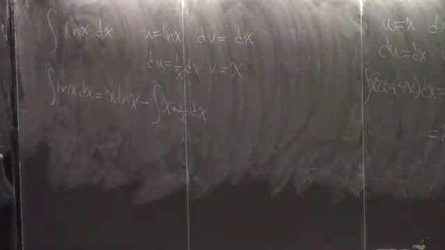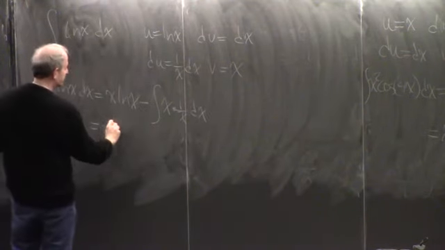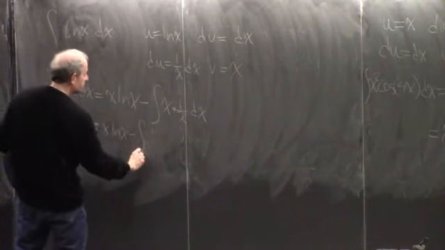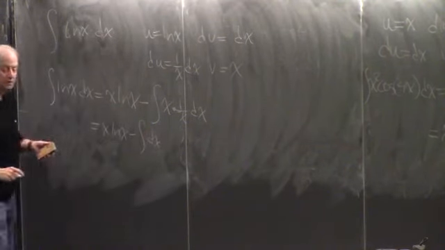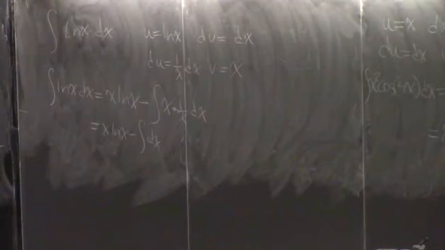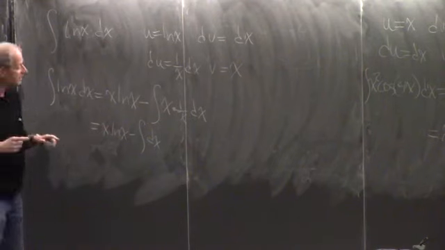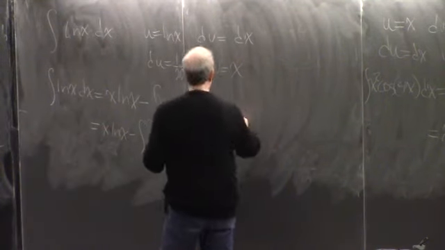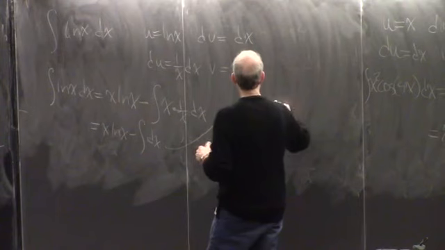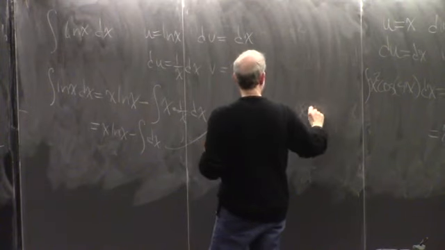And x and 1 over x cancel. So this equals x times natural log of x minus the integral of dx. The integral of dx is just x. The integral of 1 is x. Remember, I keep saying this is 1 dx. So this is x ln of x minus x.